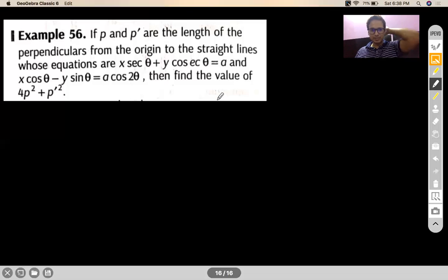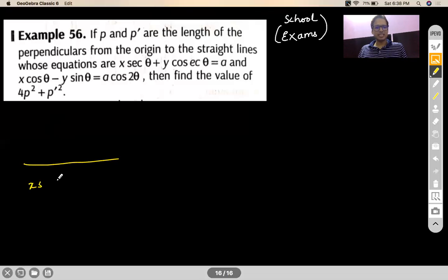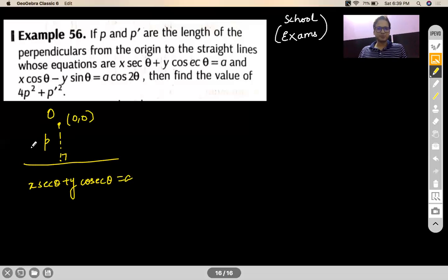Yes, any response? This is a very important question that normally comes in school exams also. See, there's a line whose equation is x sec theta plus y cosec theta equal to A. And from the origin, the distance between this point, origin, and this given line is P. Okay.